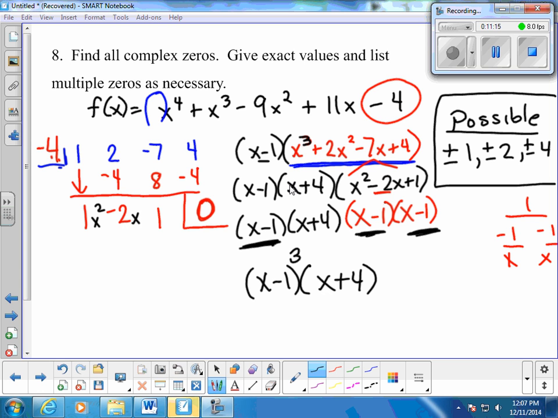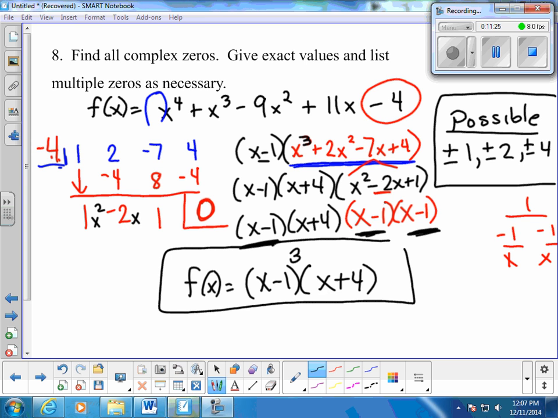And I only have one of the x plus 4, so there's like a known 1 here. So our function can be represented with a multiplicity because we found all the zeros of this. So the 0 of 1 has multiplicity of 3, and the 0 negative 4 has multiplicity of a known 1.